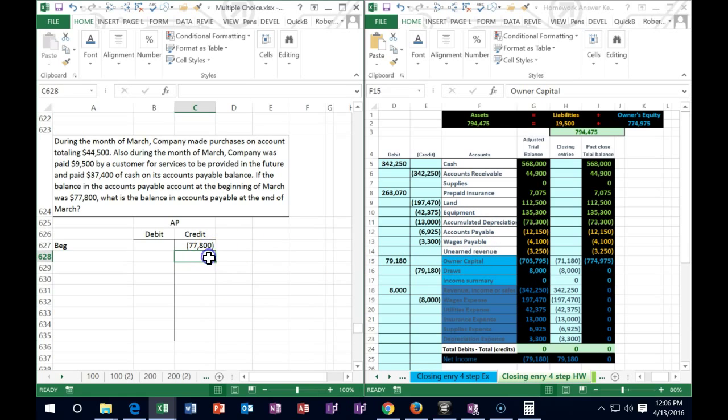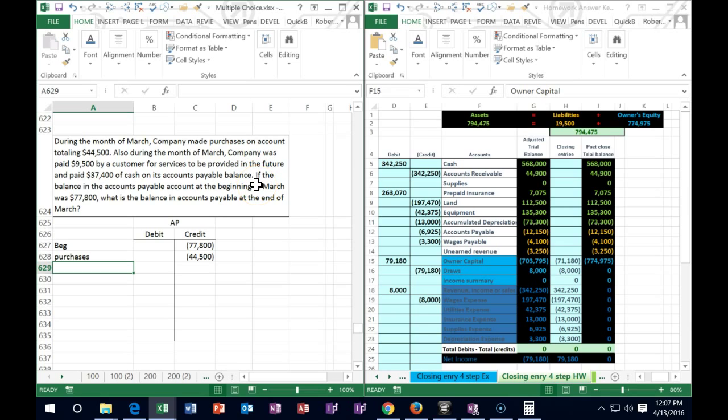That means we're going to credit, increasing the liability, for 44.5. I'm going to make it a negative. My credits are going to be negative. And this is us purchasing.